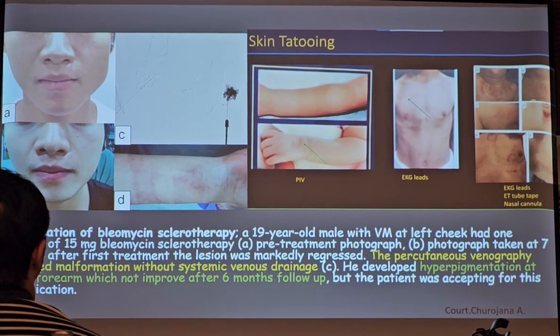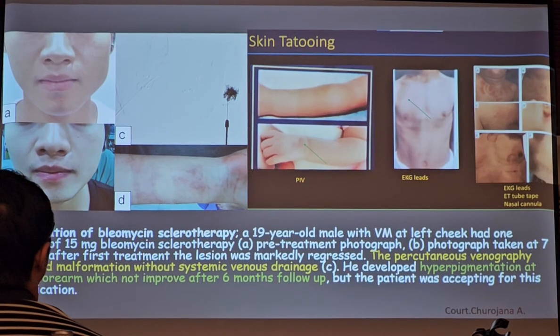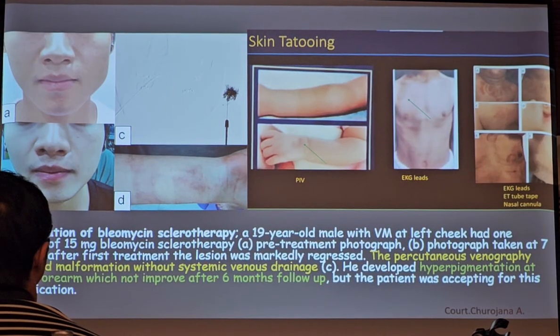It is a kind of systemic reaction to the bleomycin, and you need to tell, especially a young lady, that she may have what we call skin tattooing. Actually, it is a hyperpigmentation that can occur, and it will appear in a few years' time, at least many months after that, and it can happen in any way.